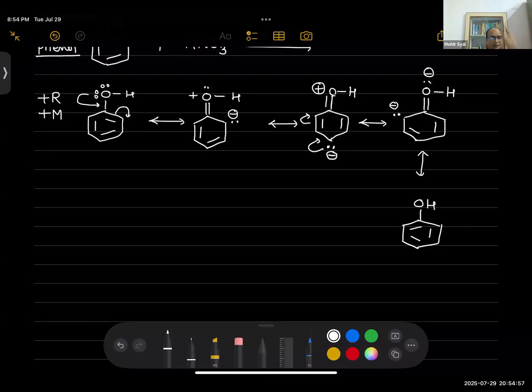The para position, which is just opposite to the OH, and the other ortho position. So both the ortho positions and the para position become more electron rich. Is it clear to everyone? Got it? Any doubts in this?